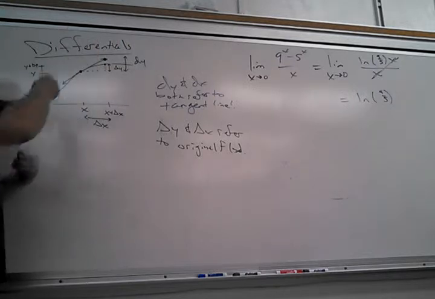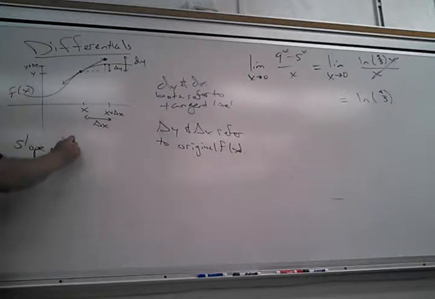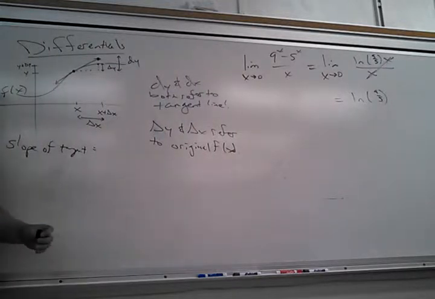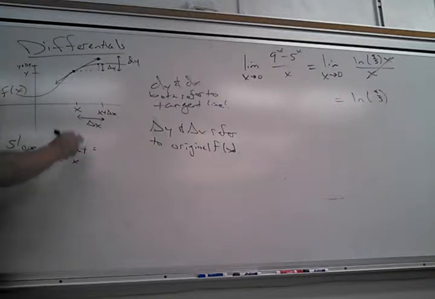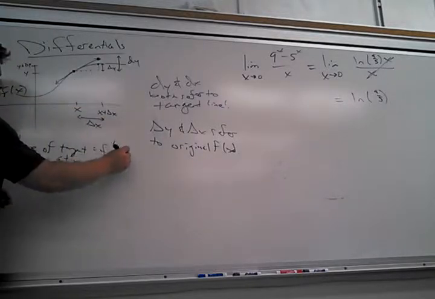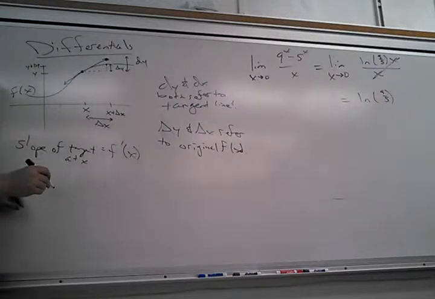What is the slope of this tangent line? Some number. But now give me a symbol for it. Yeah, slope of the tangent line at x. I like that. At that point x would be f prime of x.